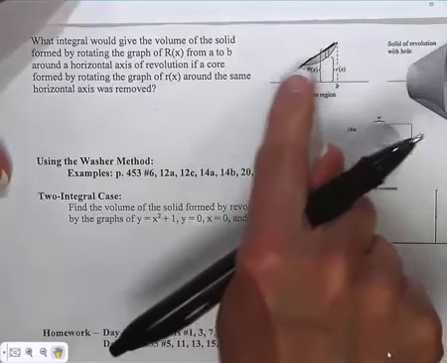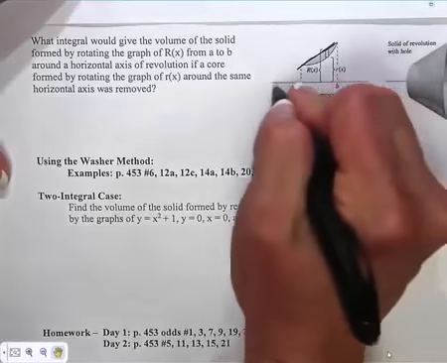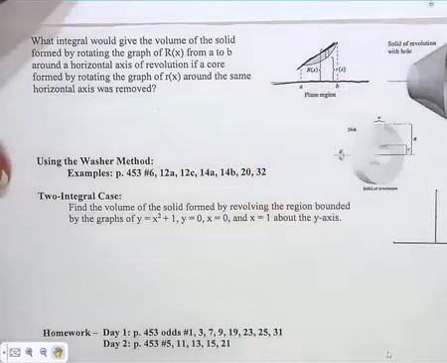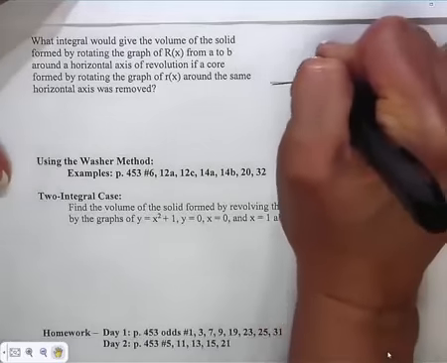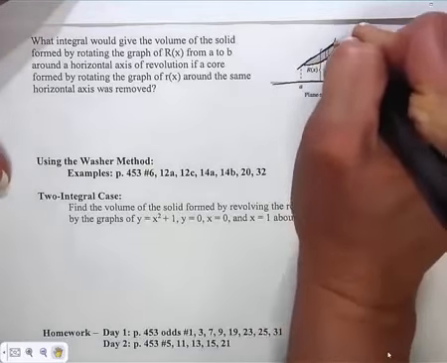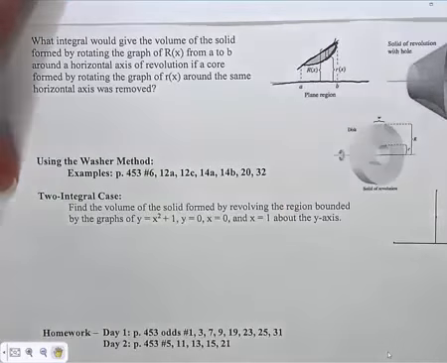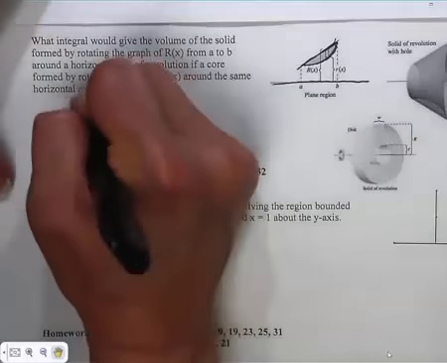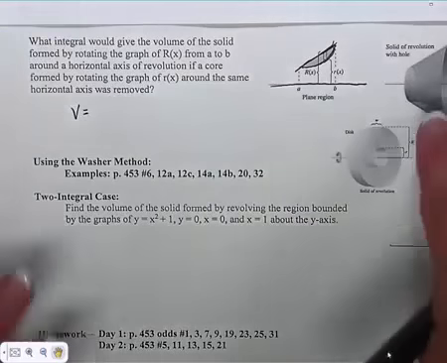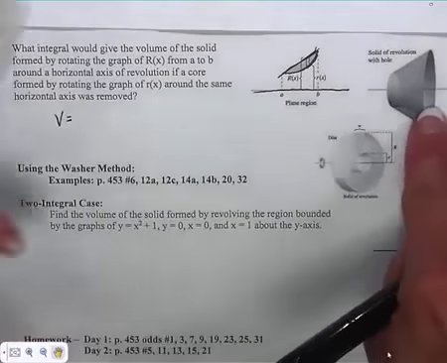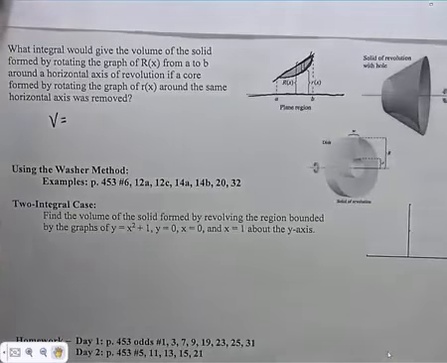If we're rotating that from a to b around this horizontal axis of revolution, but then we let this maybe quadratic, I'm not sure what that piece is, but if we let that piece bore out the center, then what would give us the volume of this solid that's formed? Solid, which is not really solid because it's got a hole cut through the middle. What do you think?